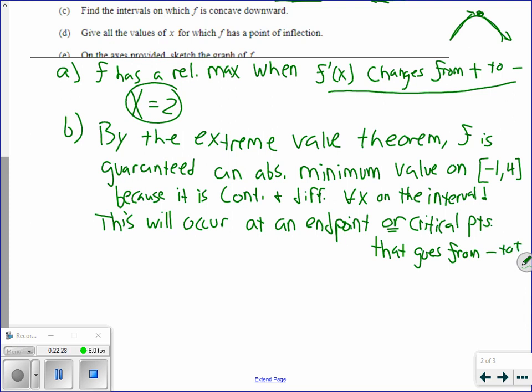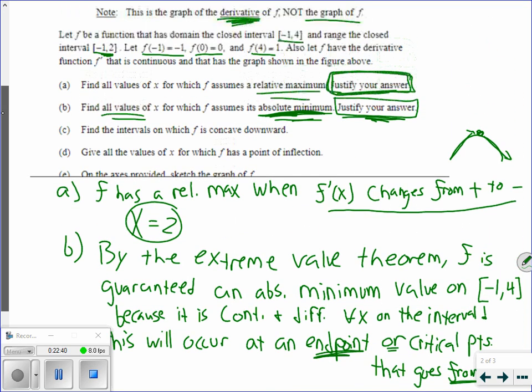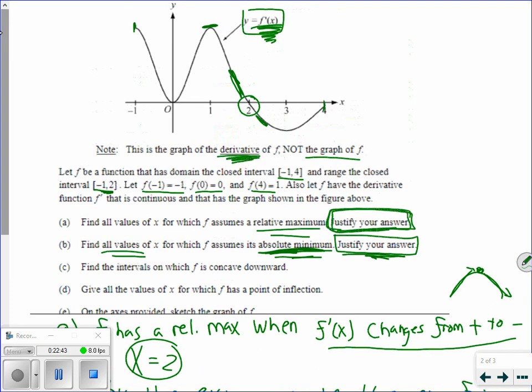So we're going to look at endpoints, and we're going to look at critical points that go from negative to positive. Let's start with critical points that go from negative to positive. The critical points are right here at 0, 2, and 4. They're points that make the derivative equal to 0.